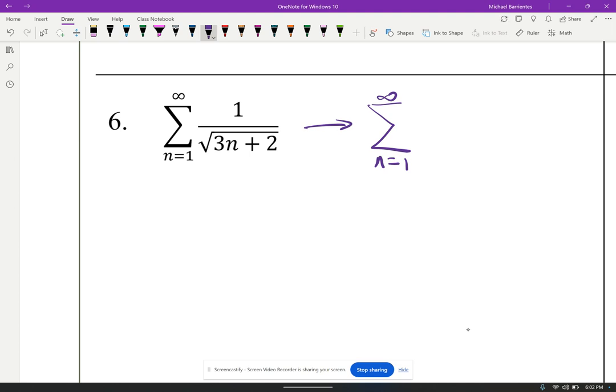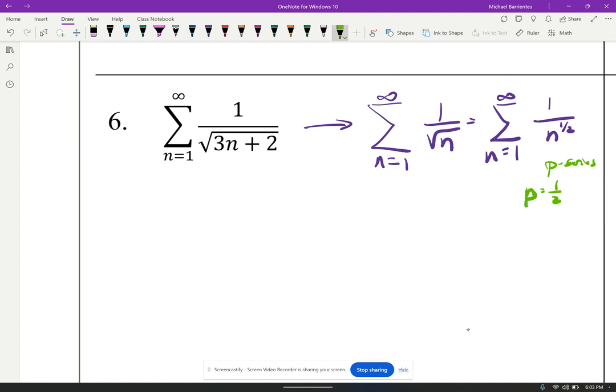But then I have 1 over the square root of 3n, and I'm not really sure what to do there. So I think I might use this, which, if I rewrite it, is really this. And that's a p series where p is equal to 1/2, that's less than 1. So this is going to diverge.